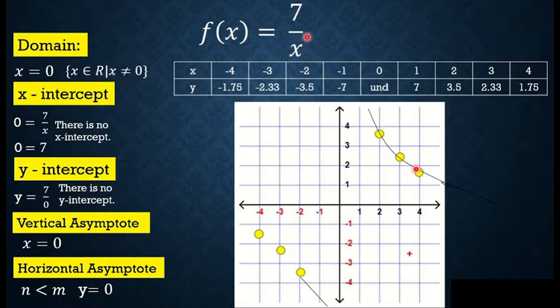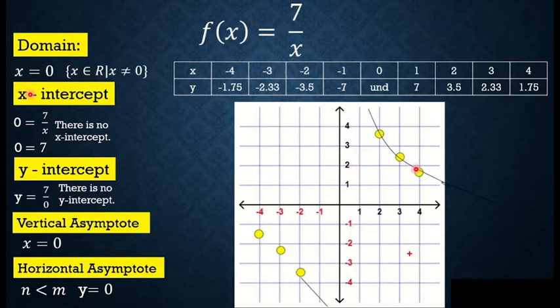In order to get the domain, dapat yung x natin is not equal to 0. x is an element of the real numbers such that x is not equal to 0. Bakit? Pag magiging 0, magiging undefined yung graph natin.